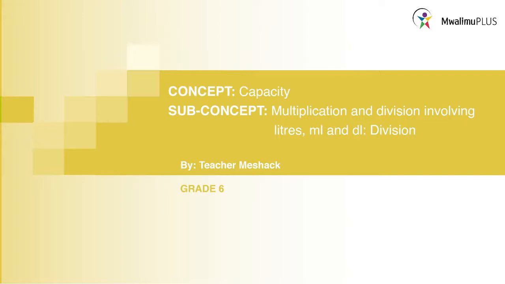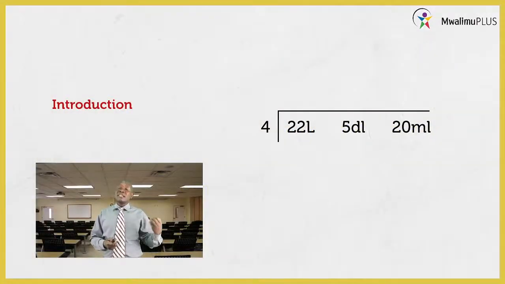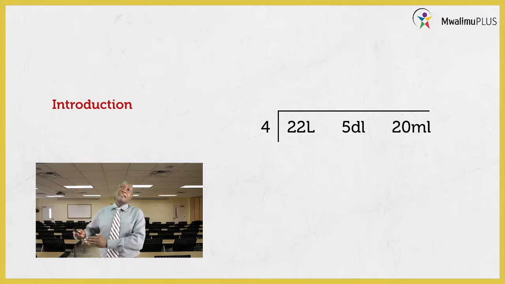So learners, when we are dealing with division, there are some things that you need to know. As we were dealing with multiplication and other operations, we were starting from the right hand side toward the left hand side. But in division, things are different.